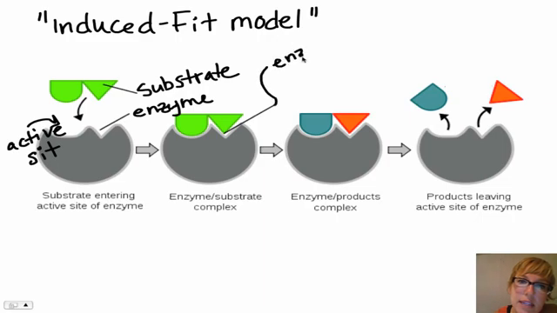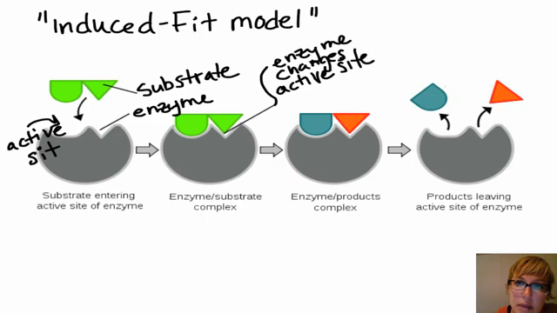So enzyme changes active site slightly. So if you notice there's kind of this blah shape right here, and as the substrate becomes attached to the enzyme, the enzyme active site changes to fit that substrate better.